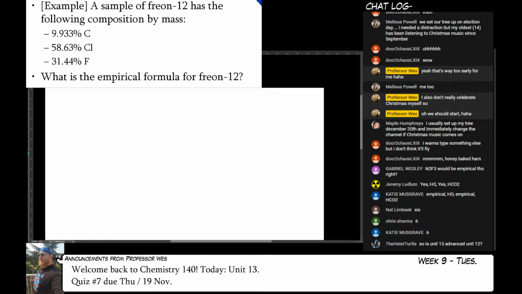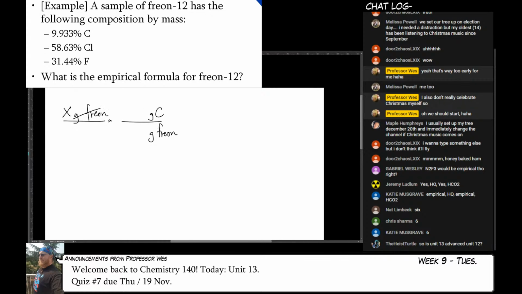What we're going to do is take some mass. We'll say X. I have X grams of Freon. And I'm going to multiply that by one of these percentages. Remember, we can write a percentage as a ratio. I could say, for every so many grams of carbon coming out of grams of Freon, I could then write this ratio.